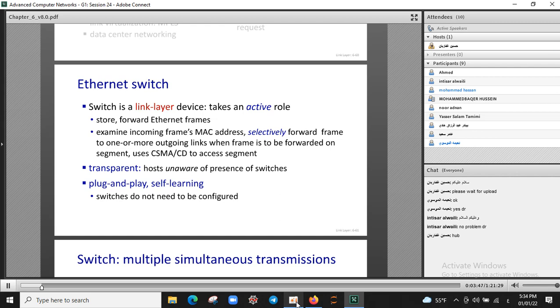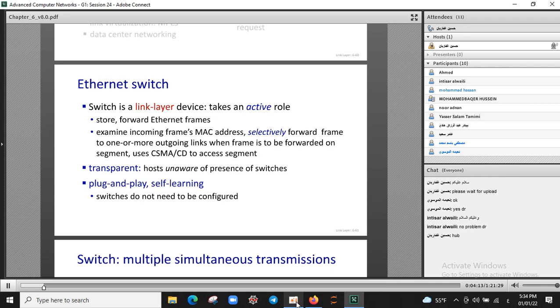So what's the solution? The solution is using a switch, especially an Ethernet switch. Ethernet is the most attractive technology in wired networks.